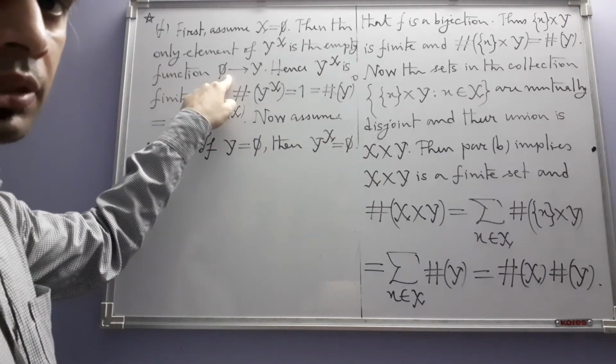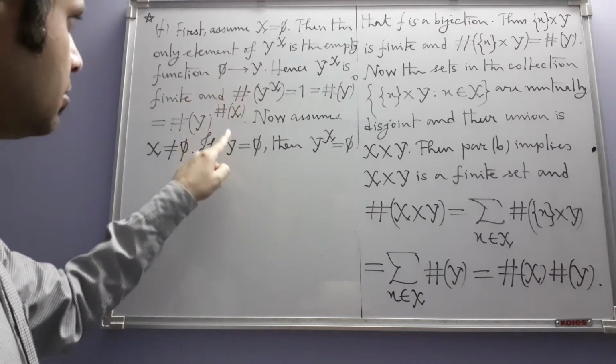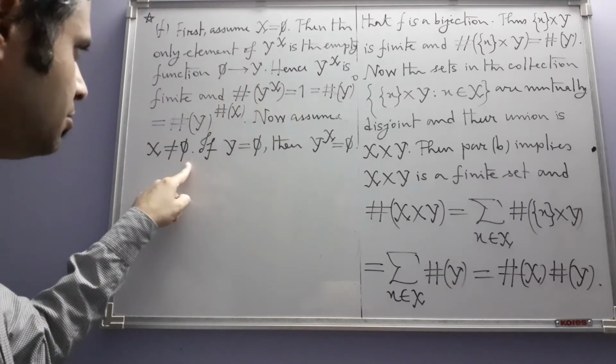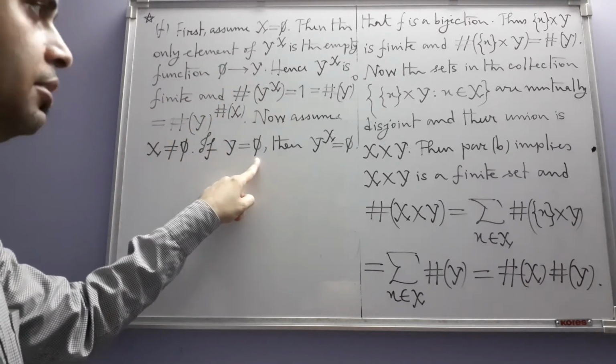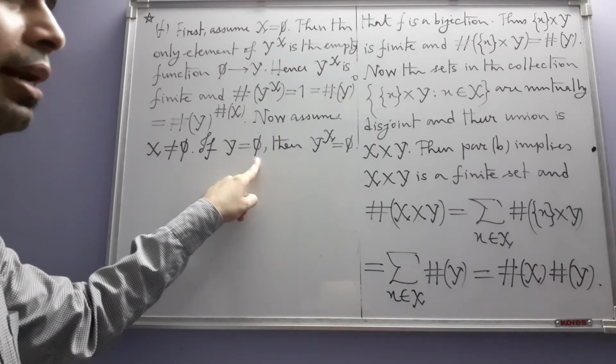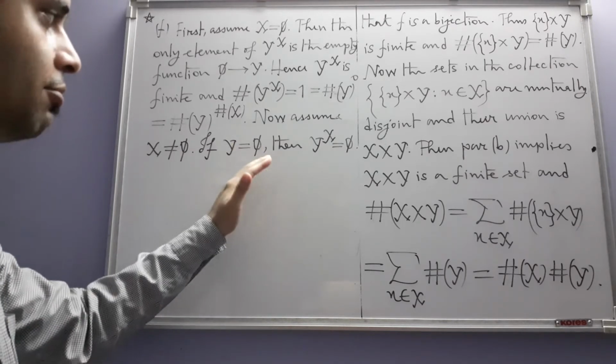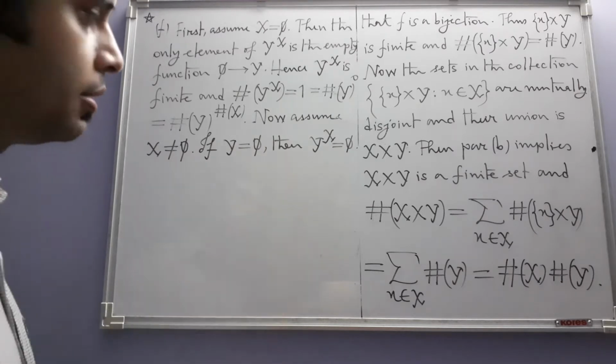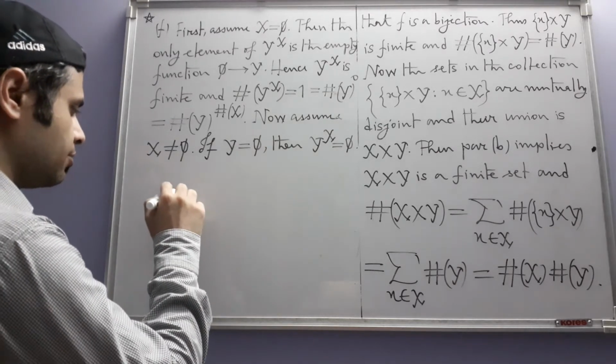Domain can be empty, but domain is non-empty and codomain is empty. Then we don't have, the definition of function does not allow that. That is one case which is not allowed.